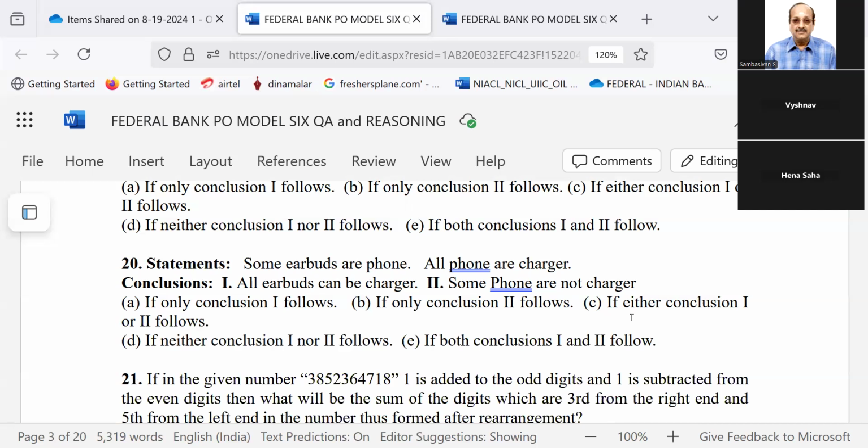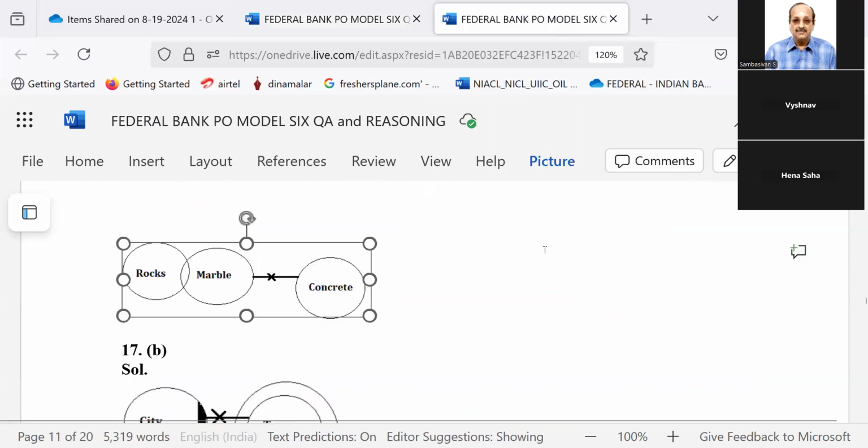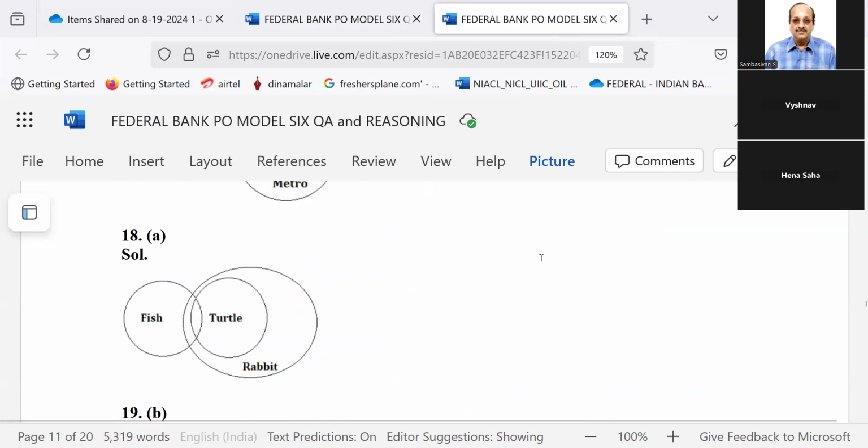Sir, only D is neither conclusion 1 nor 2 follows. Number 20, what is the answer, Vaishnav? Option A. Correct. This is the answer. Now you can see the picture here. The 18th picture will come like this: fish, turtle, rabbit.